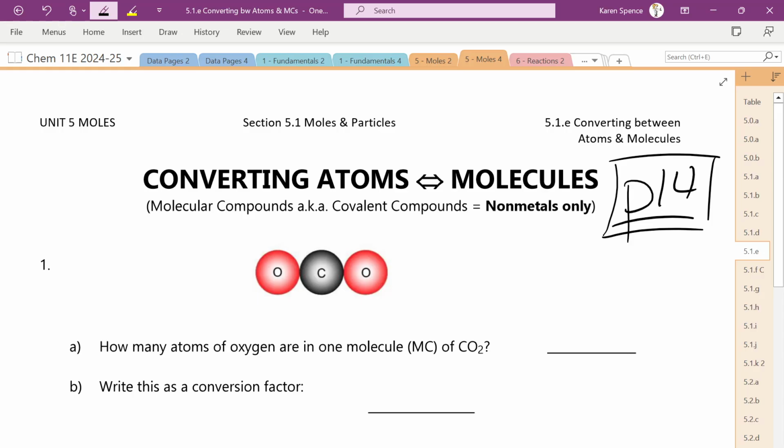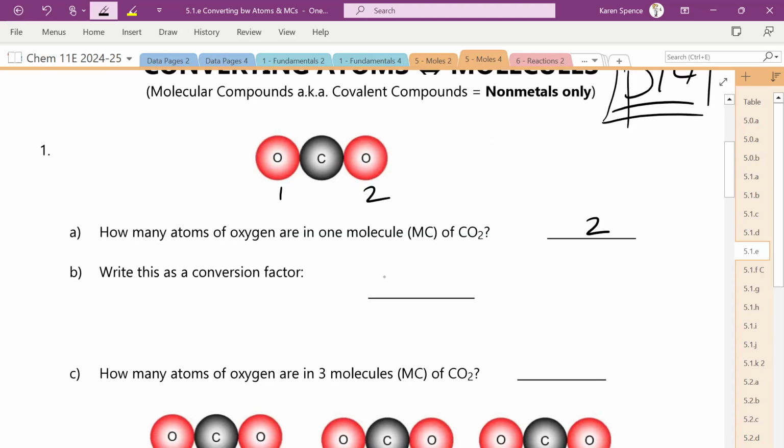Okay, so here we have on page 14 carbon dioxide. How many atoms of oxygen are in carbon dioxide? 2. Yay. And now if we wanted to write this as a conversion factor, we could say I have 2 atoms of O per 1 CO2 molecule.